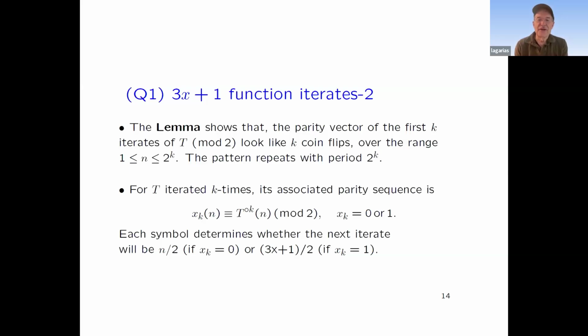So if you iterate k times, what you get is dominated by whether you're multiplying by 1/2 or 3 halves, but there's this constant term coming in from the plus 1 that will gradually increase or decrease. So we assign a parity sequence to this thing. Next slide.